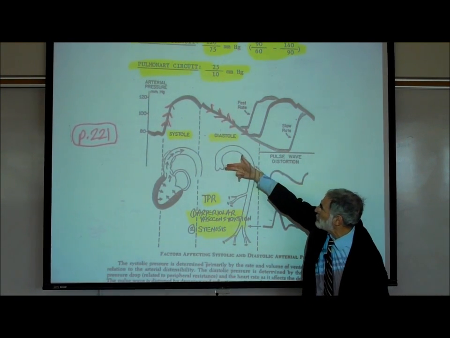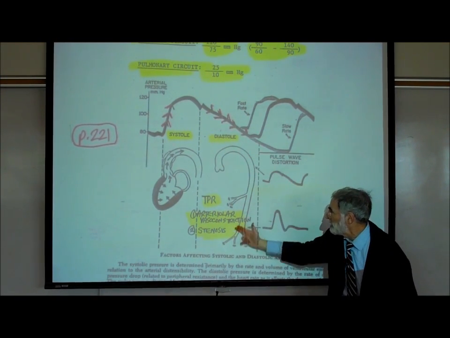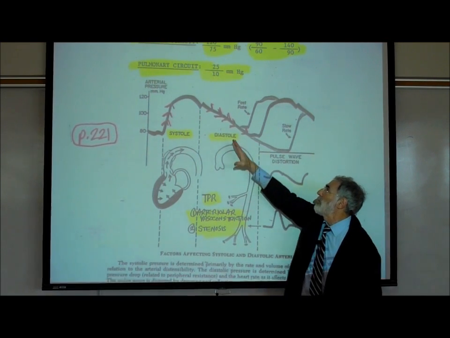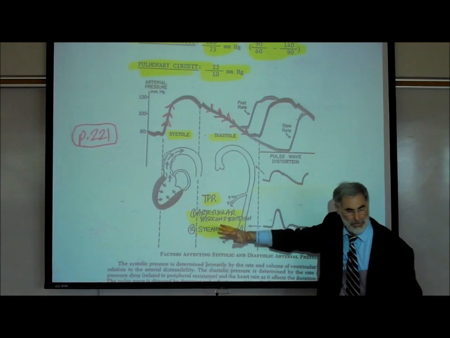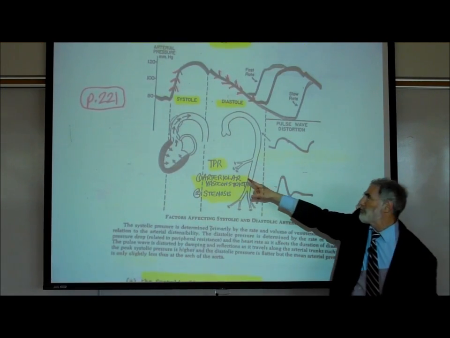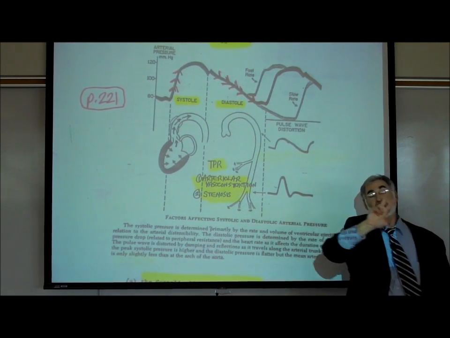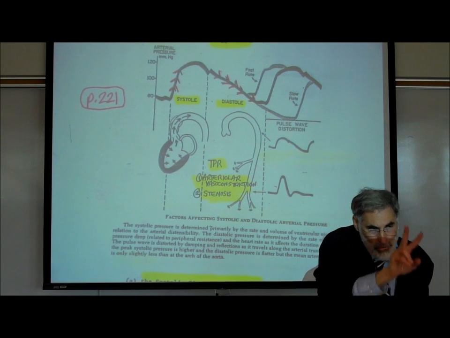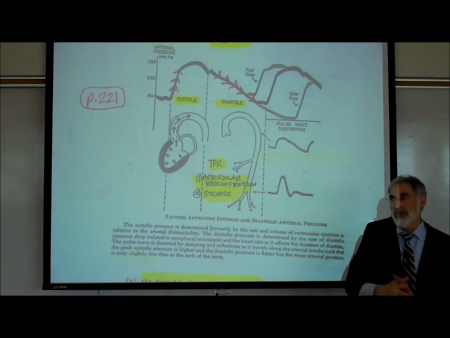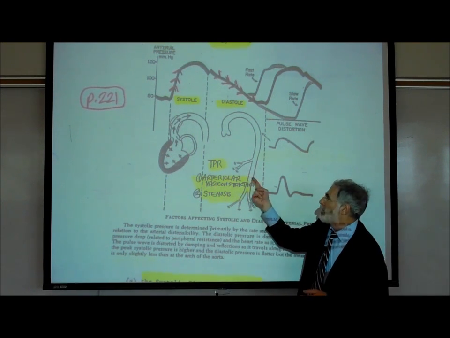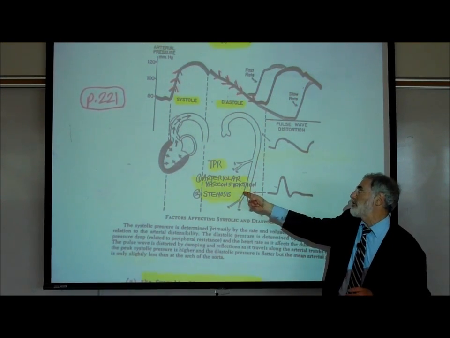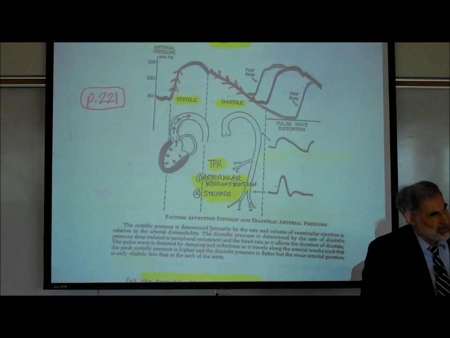You see in our picture, they have a picture of the vessels. That's to represent the major factor affecting how high or low the diastolic blood pressure is: the total peripheral resistance. Now, we just summarized two factors that affect total peripheral resistance. What were the two factors we gave you? The most important is the overall degree of arteriolar vasoconstriction.